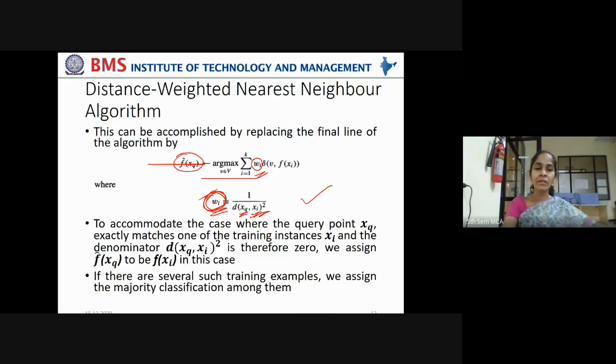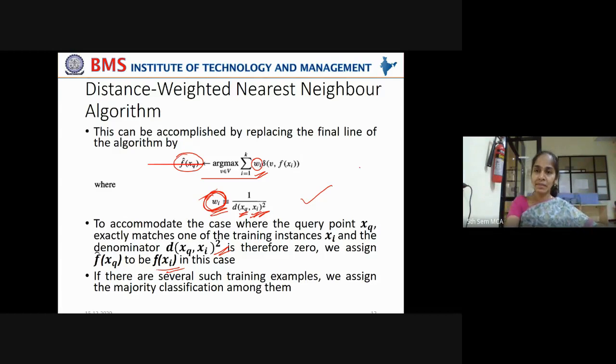Got it, students? Now, to accommodate the case where the query point xq exactly matches one of the training instances xi and the denominator will become 0, we assign f cap of xq to be f of xi in this case. Now they are dealing with some exceptional case also.